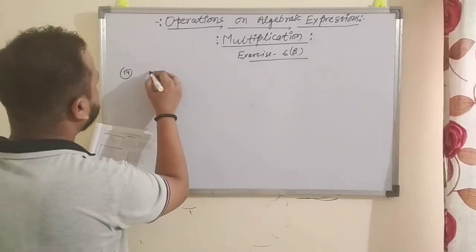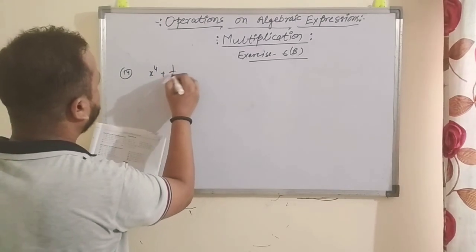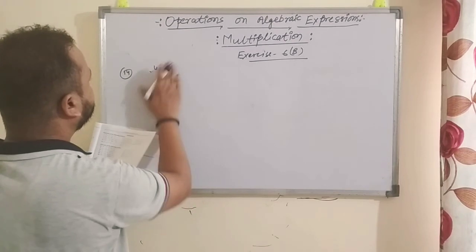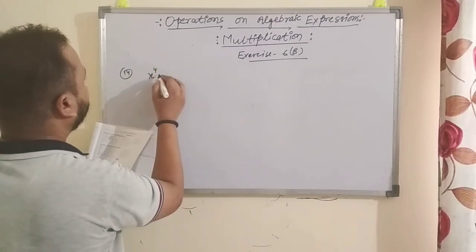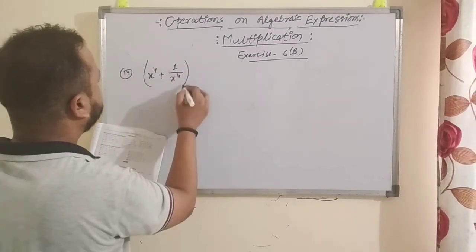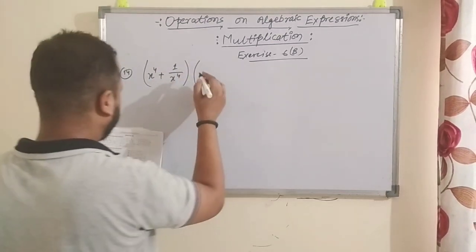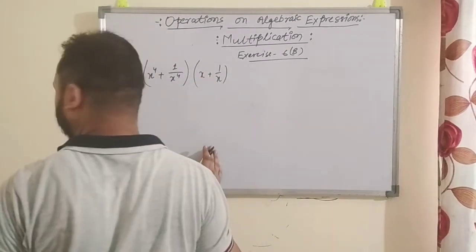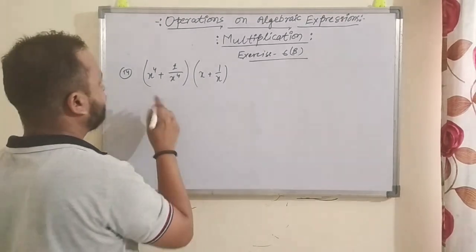It is written as x power 4 plus 1 upon x power 4, right? x power 4 plus 1 upon x power 4 is being multiplied with x plus 1 upon x. So you also have to apply the distributive law twice.